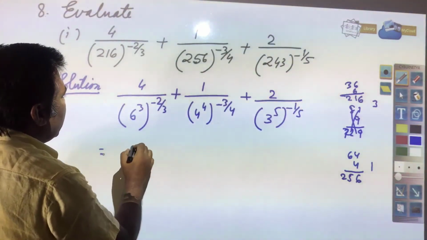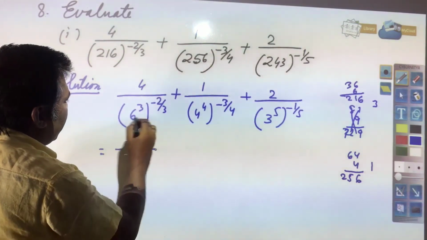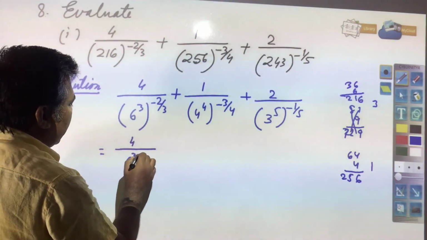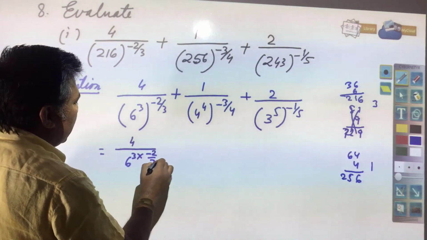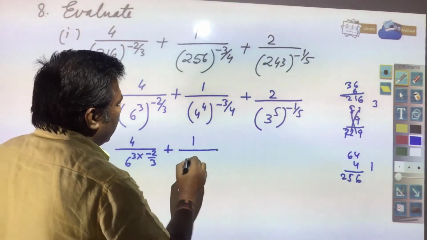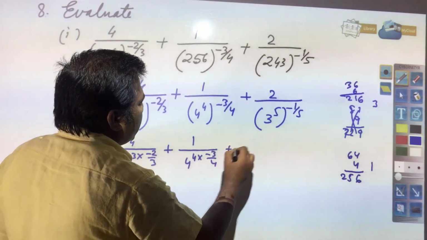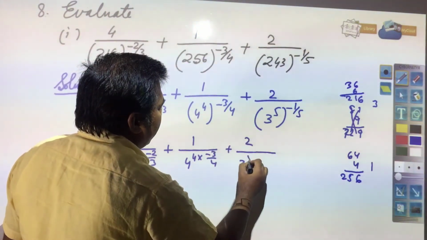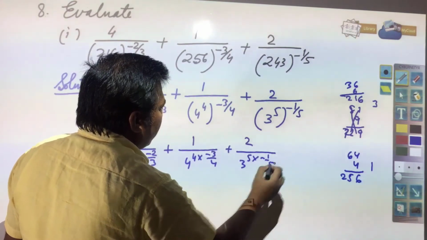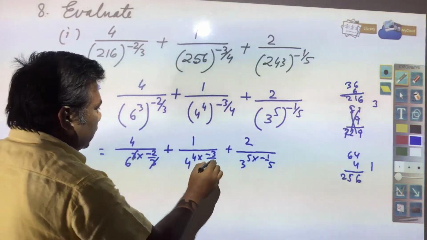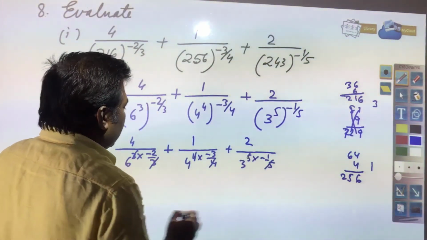Now here you see 4 by, this can be written as 6 to the power 3 into minus 2 by 3 plus 1 by 4 to the power 4 into minus 3 by 4 plus 2 by 3 to the power 5 into minus 1 by 5. This will be cancelled, this will be cancelled, and this will be cancelled.